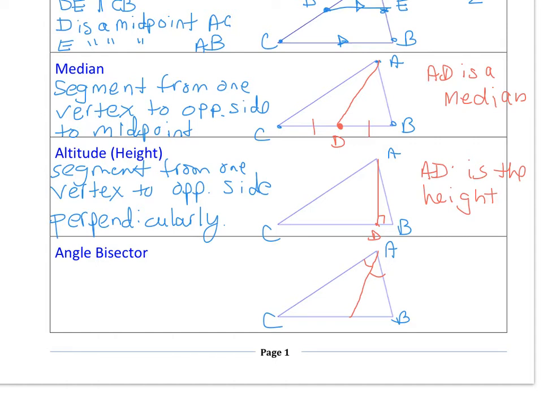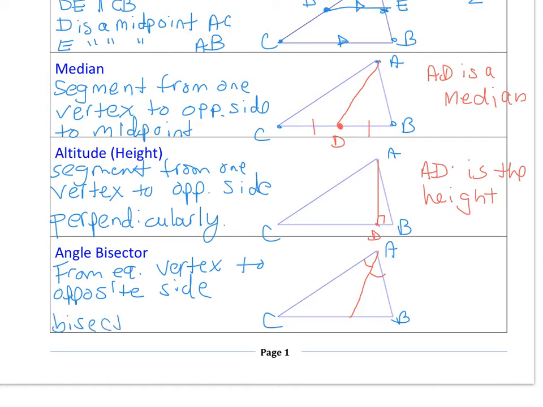So we're going to go from each vertex to opposite side such that we are bisecting the angle there.